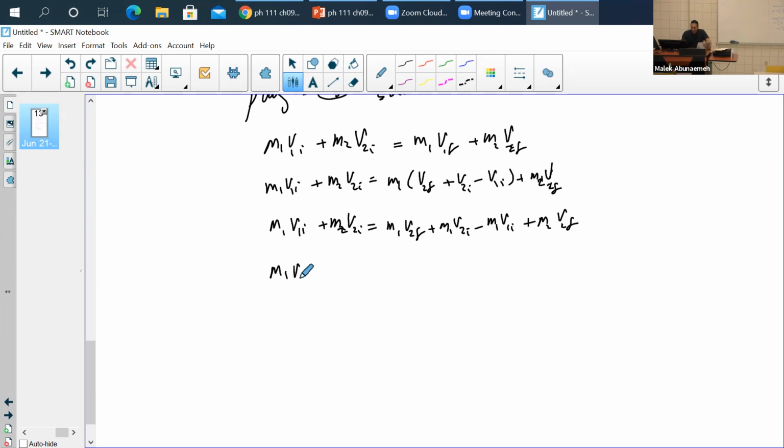Your M1 V1 initial plus M2 V2 initial is gonna equal your M1 plus M2 times V2 final, plus your M1 V2 initial minus your M1 V1 initial.